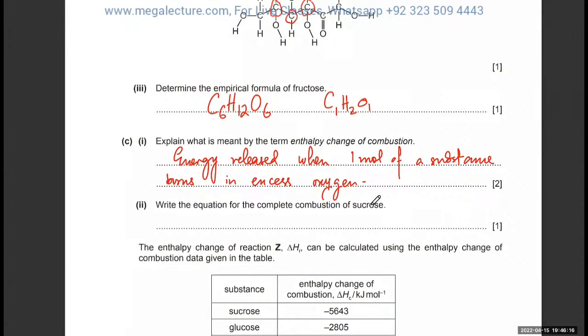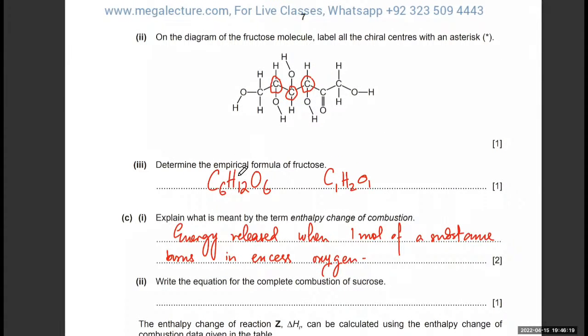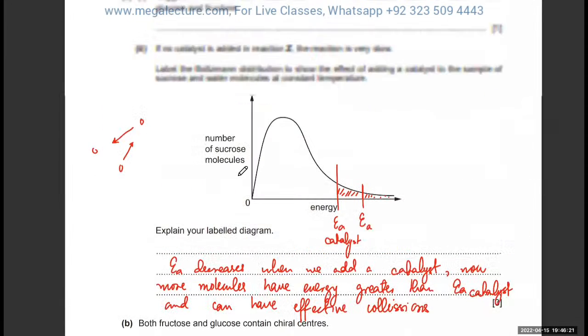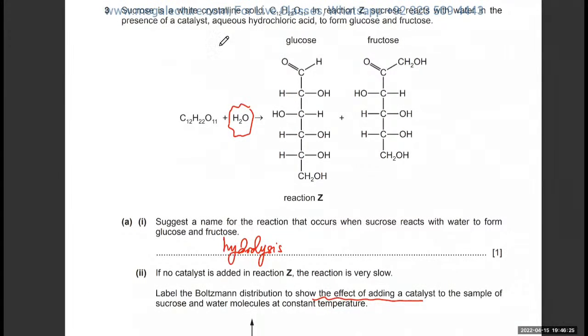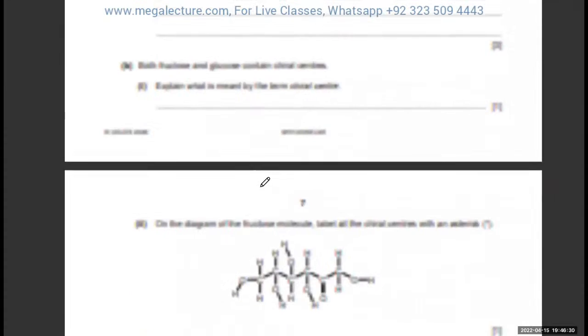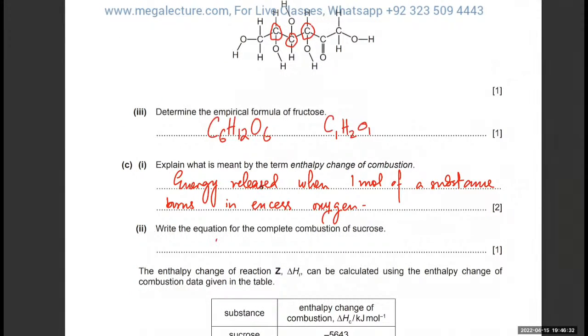Write the equation for the complete combustion of sucrose. What's the formula of sucrose? Sucrose was this white crystalline solid, C12H22O11. So you're going to burn it and it's going to produce carbon dioxide and H2O.